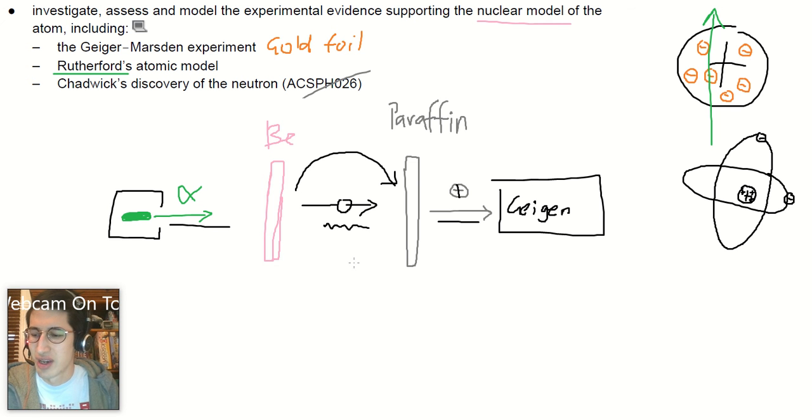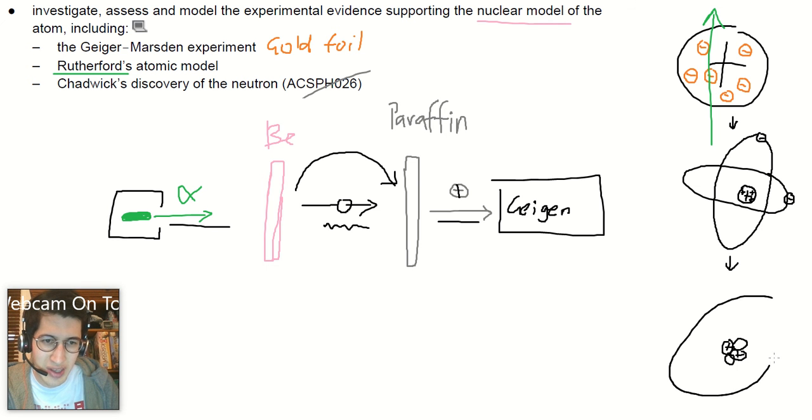He figured out that the mass would be roughly the same as the mass of the hydrogen atom, which made the masses of the elements make a lot more sense than what they had previously. So that changes this model from the plum pudding to the planetary model to pretty much still the planetary model. We just have protons and neutrons in the nucleus, as well as these orbiting electrons.